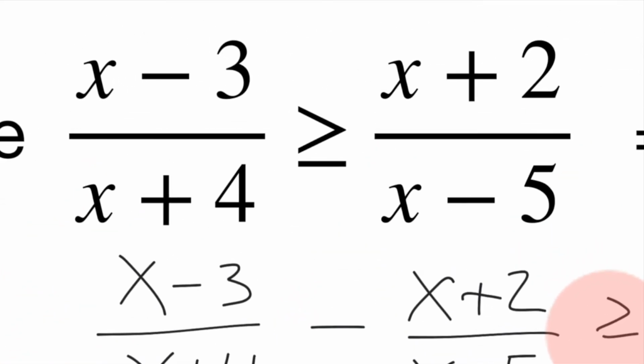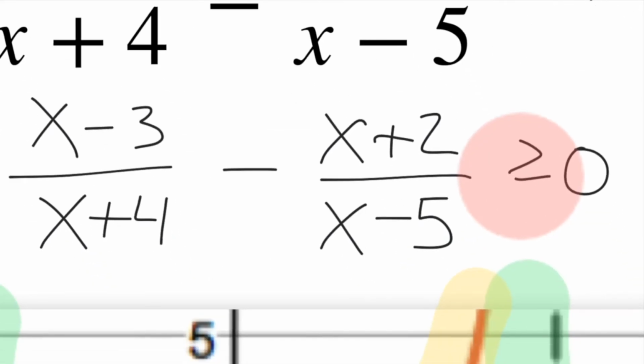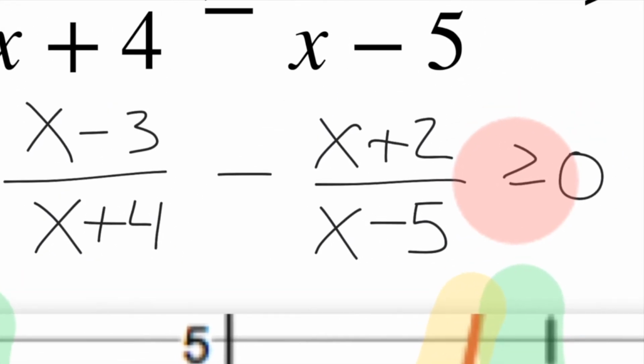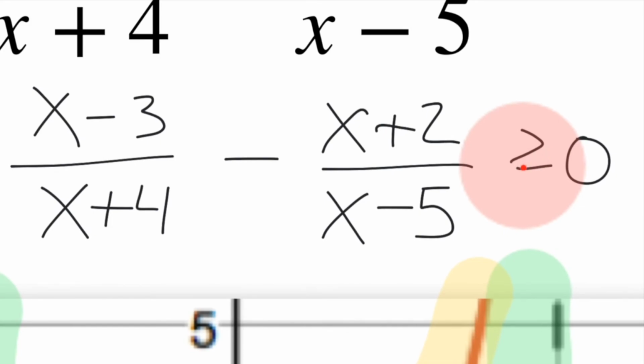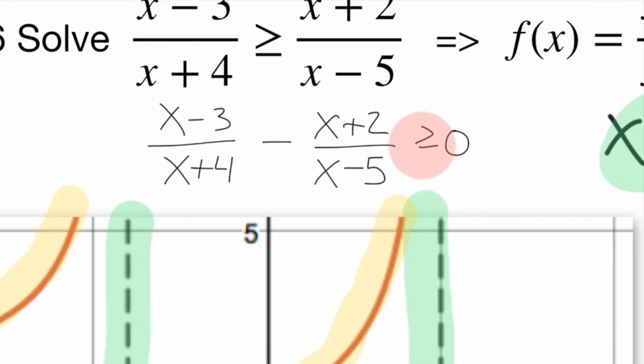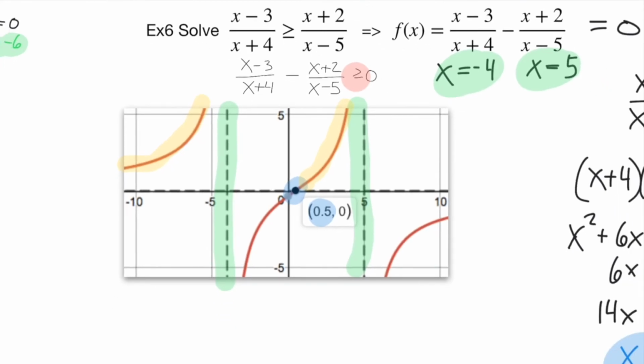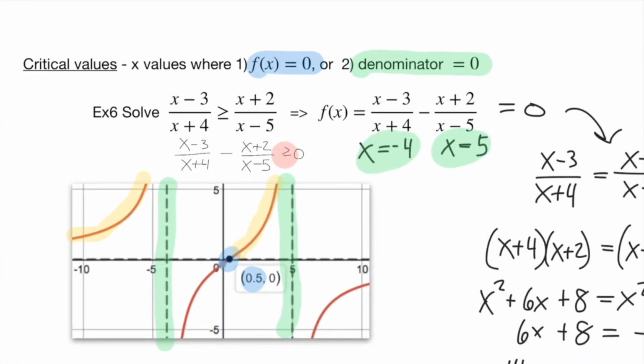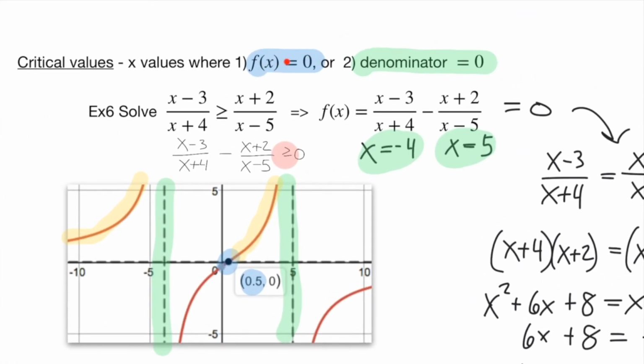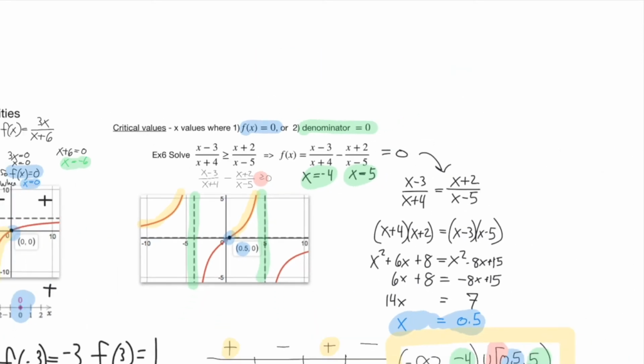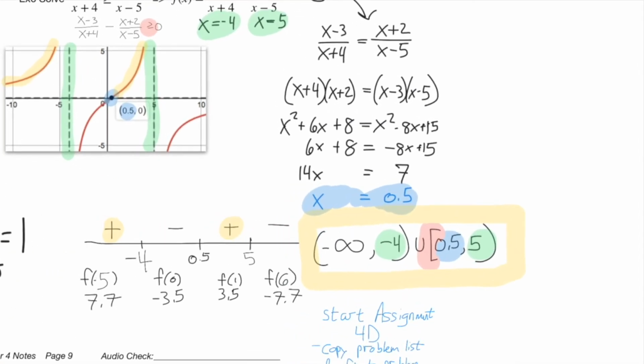Here in the original, it's greater than or equal to. So therefore, even when we solved it, this was greater than or equal to. So these functions are allowed to be exactly equal to 0. So therefore, we can include any blue points that we found where the function is equal to 0, the x-intercepts. We can include the x-intercepts in our answer.